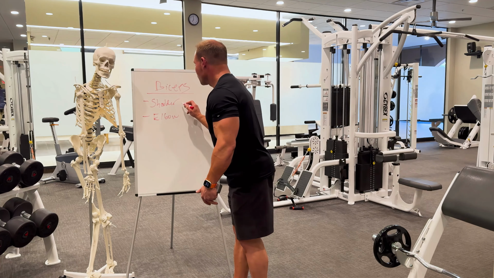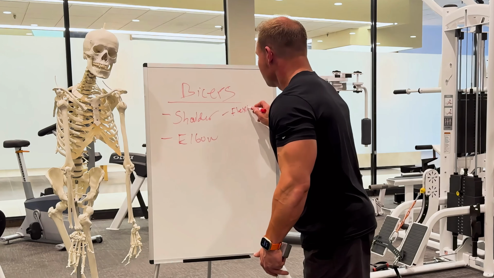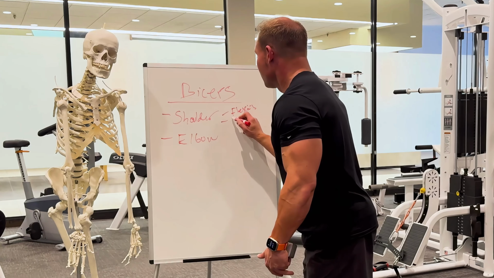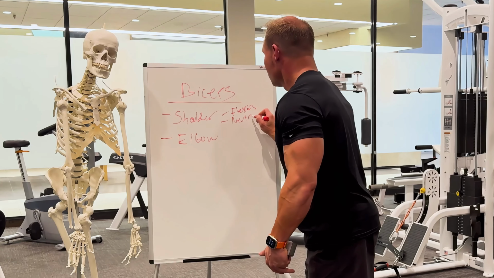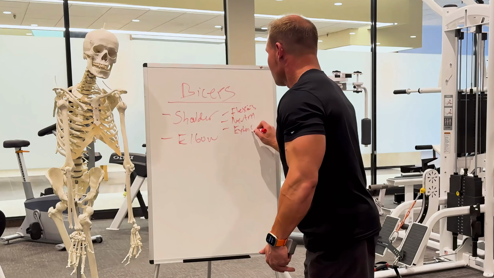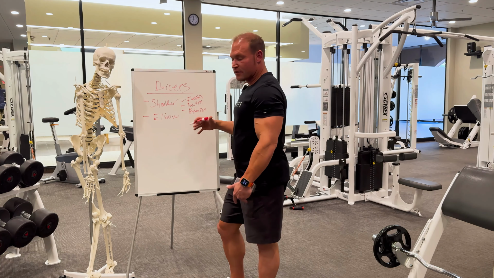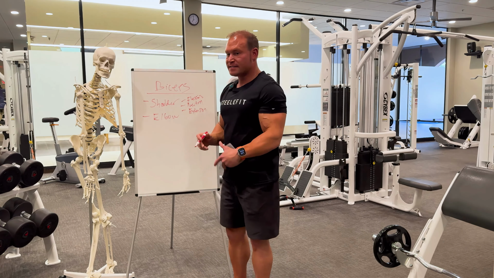So within the shoulder, we have flexion, we have neutral, and we have extension. So these are all different shoulder motions we can play with to create change in your bicep.